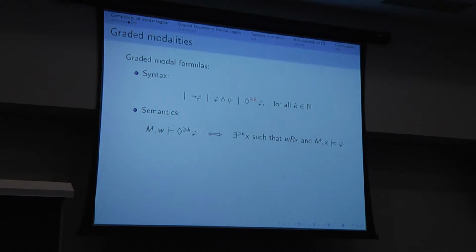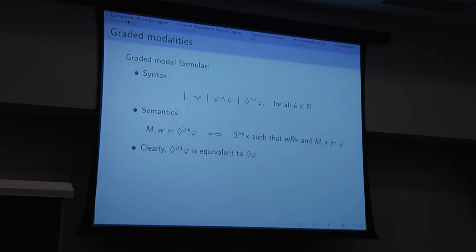Semantics is: this formula is true if there are at least k worlds which are related to a given world w and where phi is true. So this is an extension of the language of modal logic. And so greater or equal than 1 is the same as just our diamond.